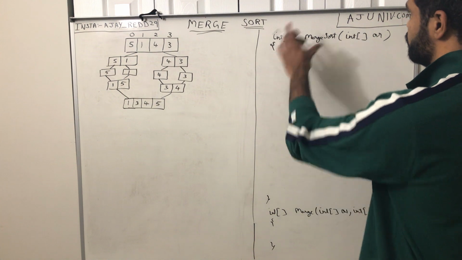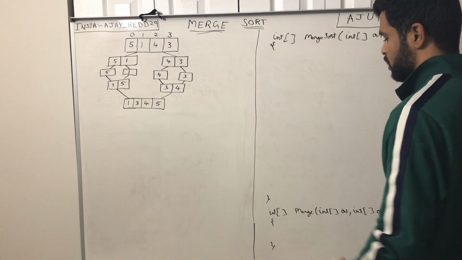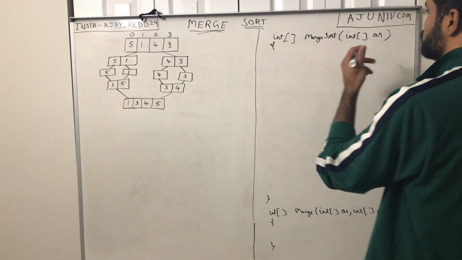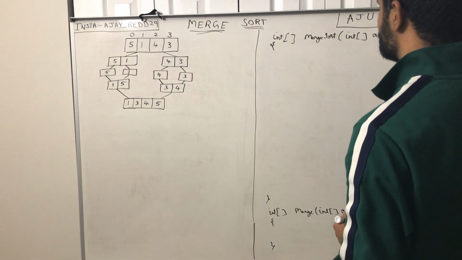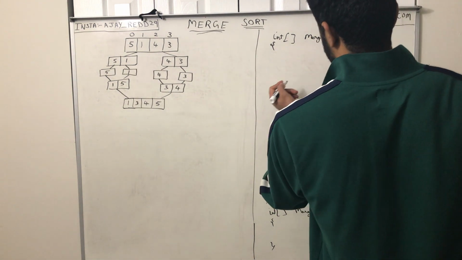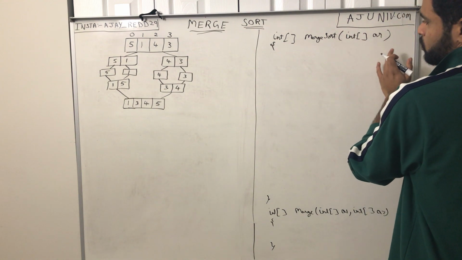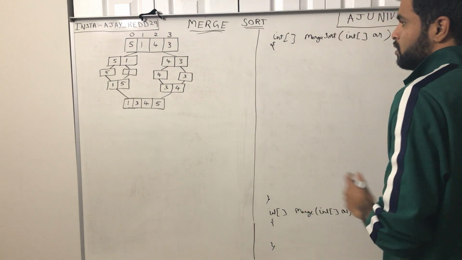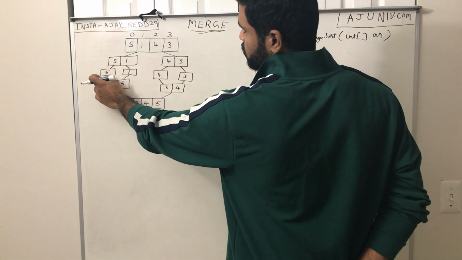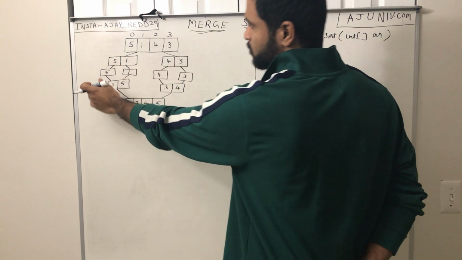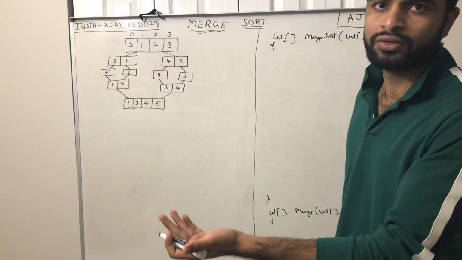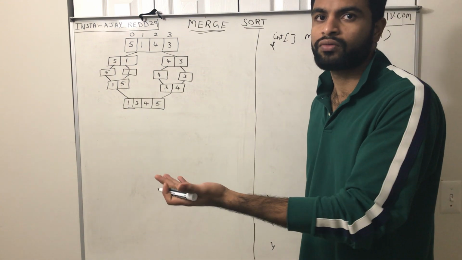Okay, so now I have the function prototype for merge sort and merge. So let me implement merge sort. Here we are passing an array of integers. The first thing is, whenever the array length is 1, that means it is already sorted, so there is no need to do any other sorting for that, right?